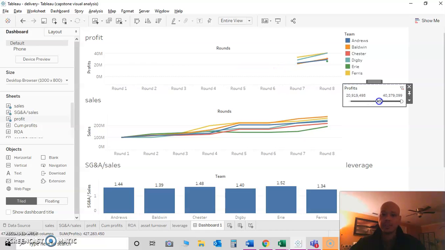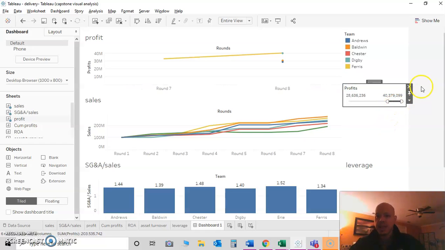So we can start seeing, interestingly, here at 20 million, we have 4 companies. At 23,900,000, we have 2 companies. And finally here, at about 28,600,000 is where Ferris is basically in a league of its own.